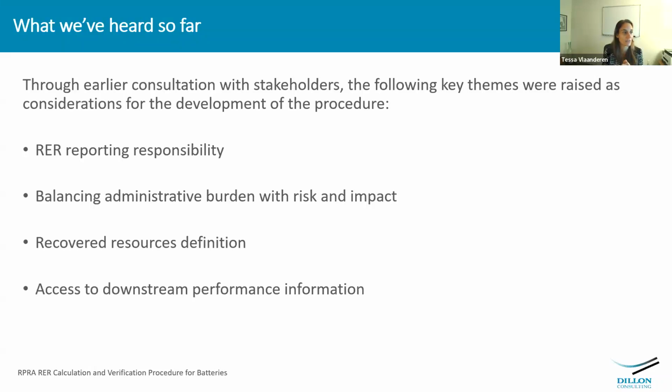And these include the RER reporting responsibility, the balancing of the administrative burden with the risk and impact, the definition of recovered resources, and the access to downstream performance information. And I will go through each of these key themes, detailing what it is we have heard and how we address these in the procedures.